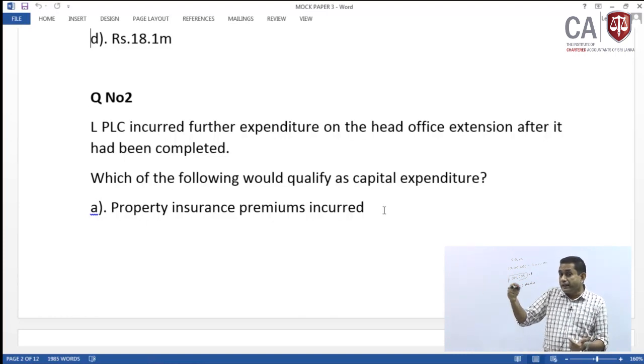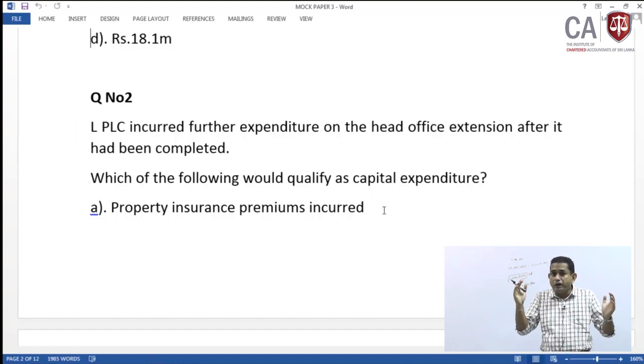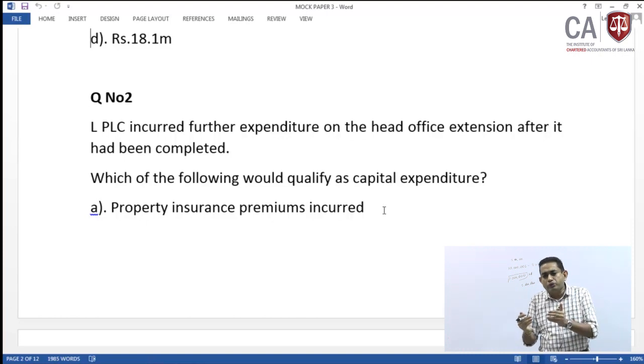So, the previous expenditure in the 4th year contributed just to maintain the same level of economic benefits. So, we consider it just a maintenance expenditure, and you should charge it to profit and loss. Maintenance does not mean the maintenance of physical look of the asset. You should maintain economic benefits estimated originally, economic benefits assessed originally.